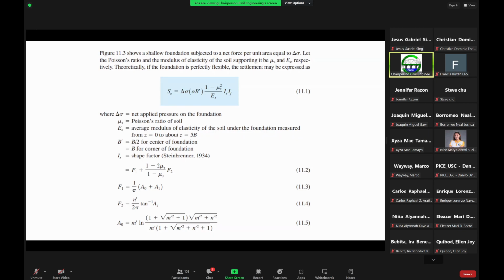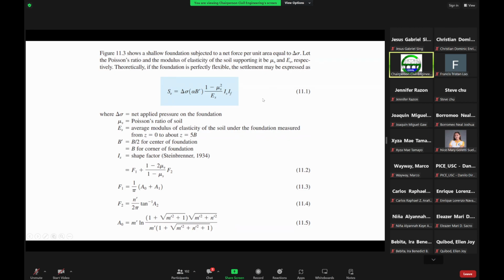That figure shows a shallow foundation which is subjected to a net force per unit area equal to delta sigma. Then we let the Poisson's ratio and the modulus of elasticity of the soil supporting that foundation be symbolized by mu sub s and E sub s respectively.